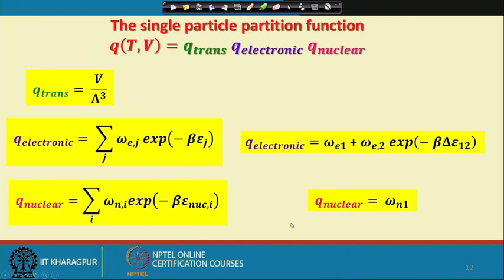As a result, I can very easily write that q nuclear is a very simple constant like this, which is equal to the degeneracy of its ground nuclear energy level.